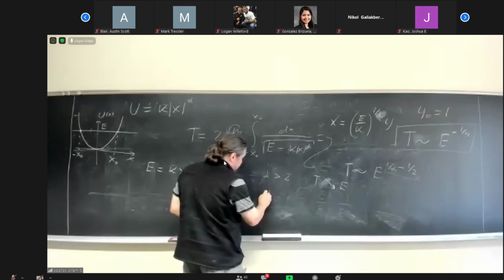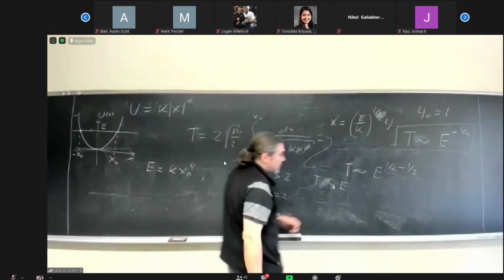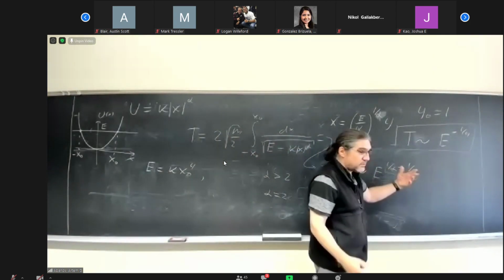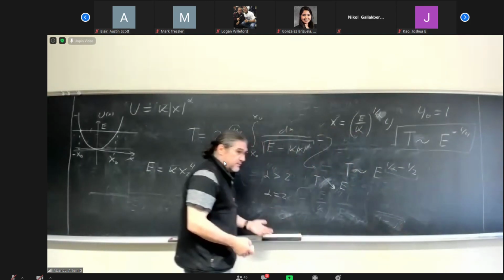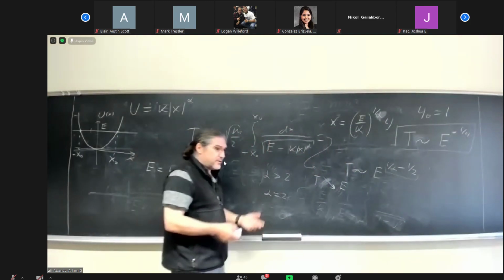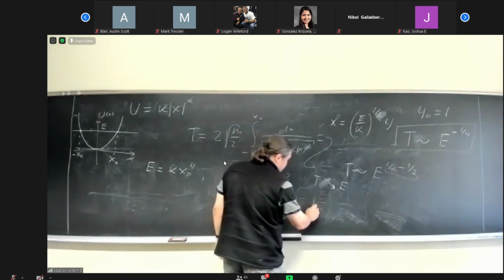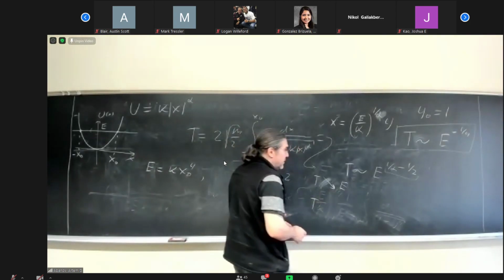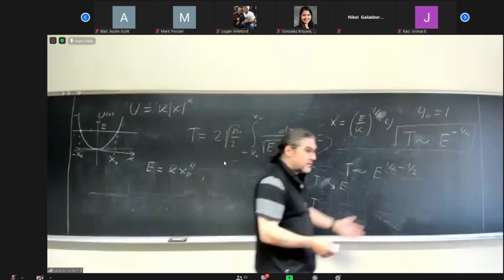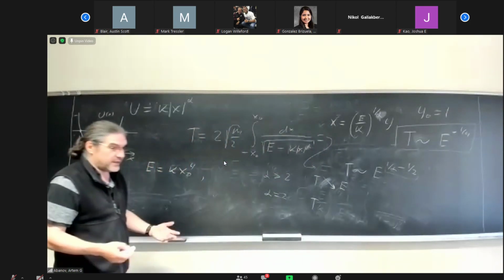And when alpha equals 2, what I have here is 1/2 minus 1/2, right? Which is 0. E to the power of 0 is 1. So the T does not depend on energy, and it's just a constant. Right? And this is your oscillator.